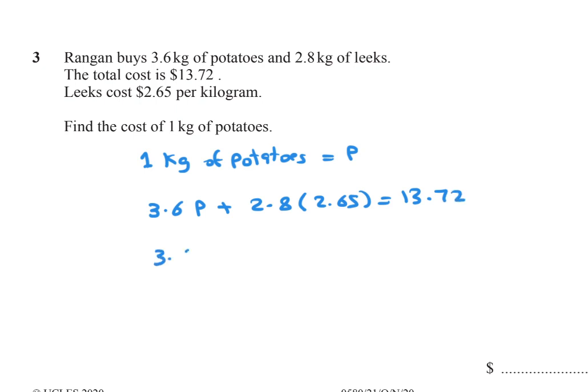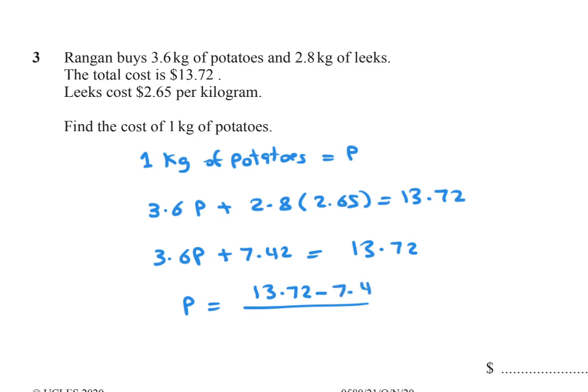So 3.6B plus 7.42 equals 13.72. Now to find B, 13.72 minus 7.42, divided by 3.6, equals 1.75.